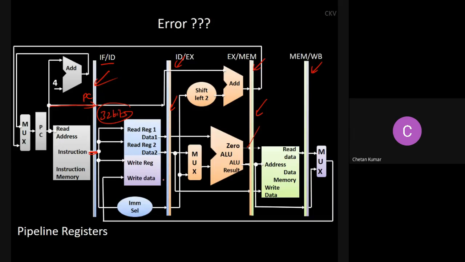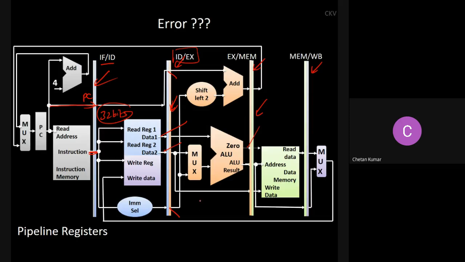And similarly, you'll be able to identify the size of this. What will be the size of the ID/EX register? You have one data value of 32 bits, the other data of 32 bits. Then you use the sign extension block, which sign extends to 32 bits. And then the PC is also sent to the next stage, which is again 32 bits.